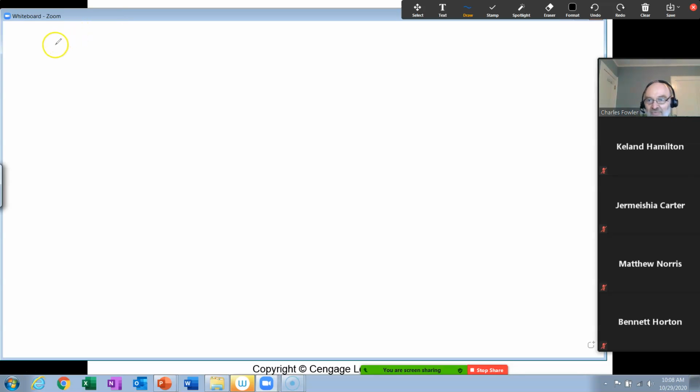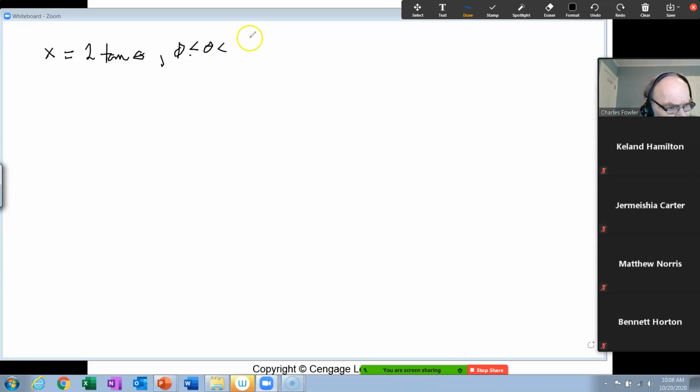Now, they give us a substitution to make. Here's a substitution: x equals 2 times tangent theta. And the thetas here are between 0 and pi halves.